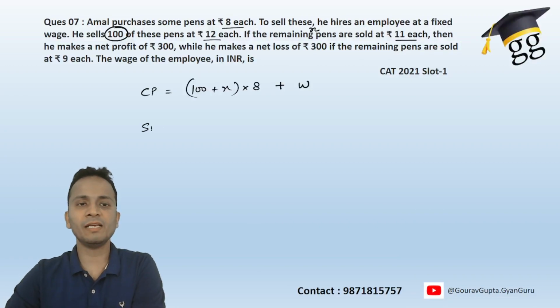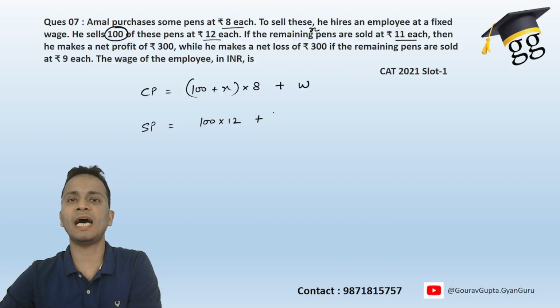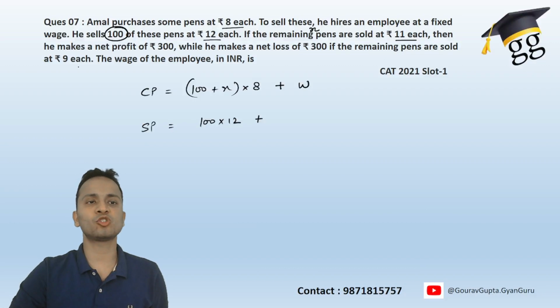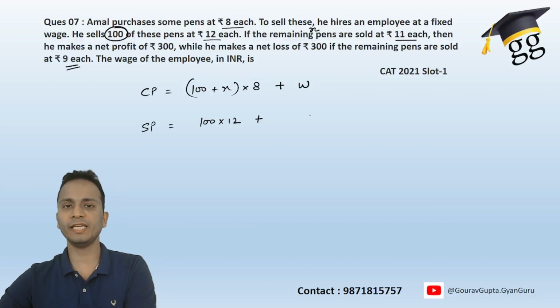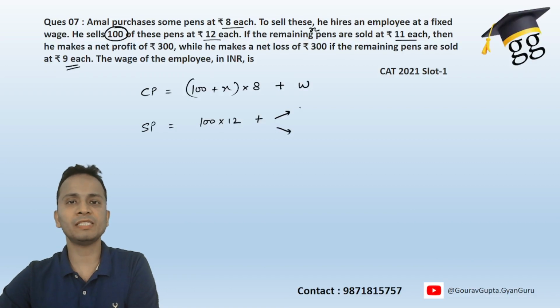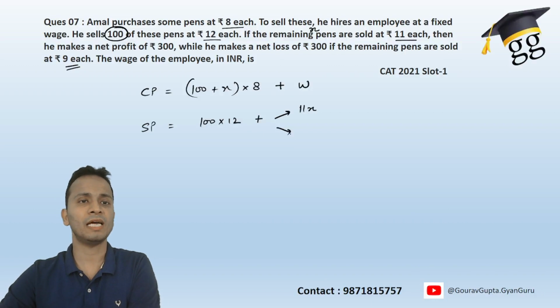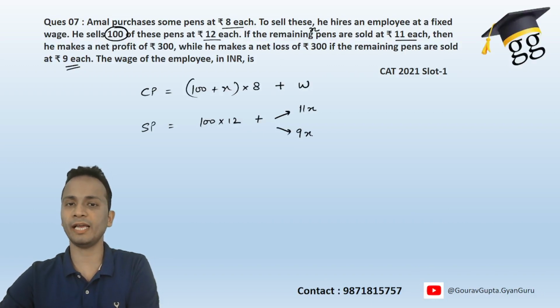Selling price will be 100 of these pens sold at 12, and the remaining X pens are sold at 11 each. In the second case, the remaining pens are sold at 9 each. So I have two cases here. When the remaining pens are sold at 11 rupees each, it will be 11x, and the second case when they are sold at 9x.